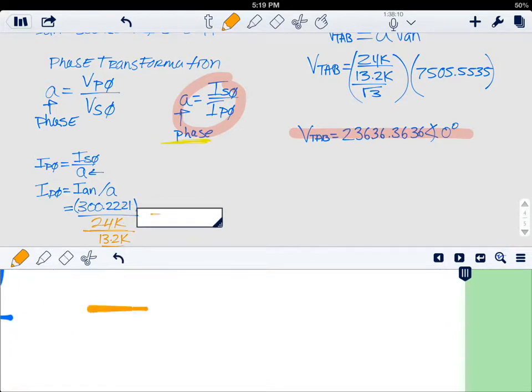And now we could just input that in our calculator and find the value of the current at the primary.